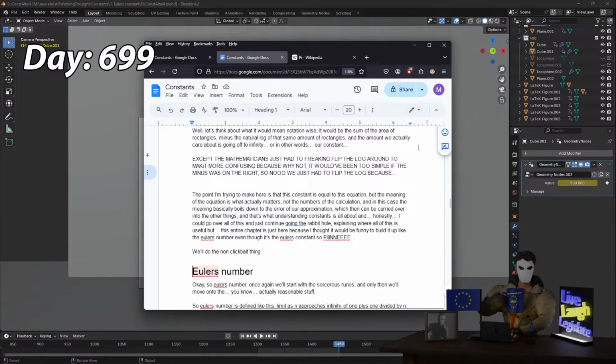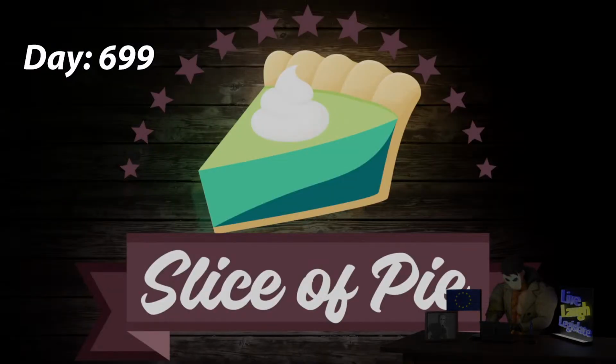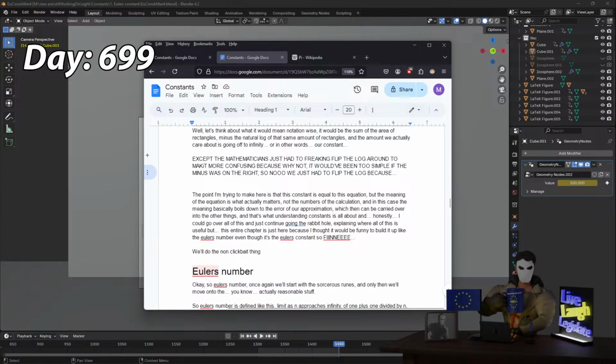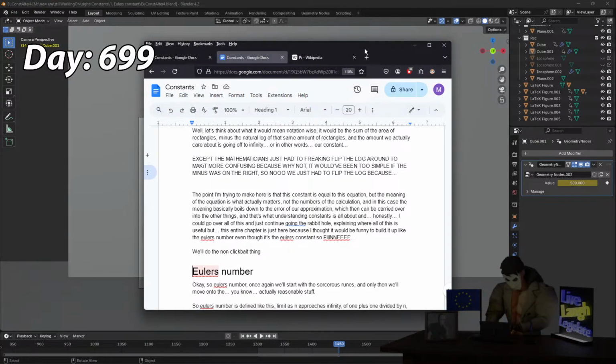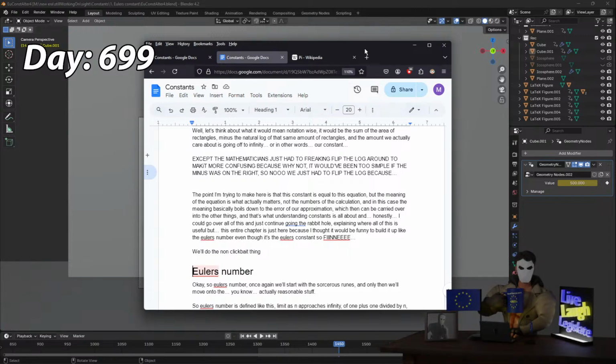Rotation-wise, we're in the sum of the area of rectangles. I'm sorry, OBS. There we go, we're back, cool. Sum of the area of rectangles minus the natural log of the same amount of the rectangles.